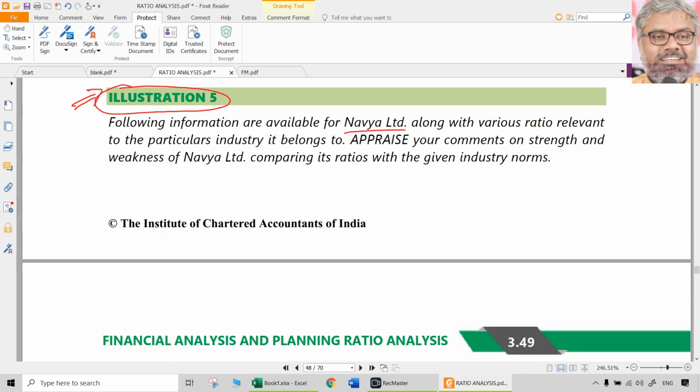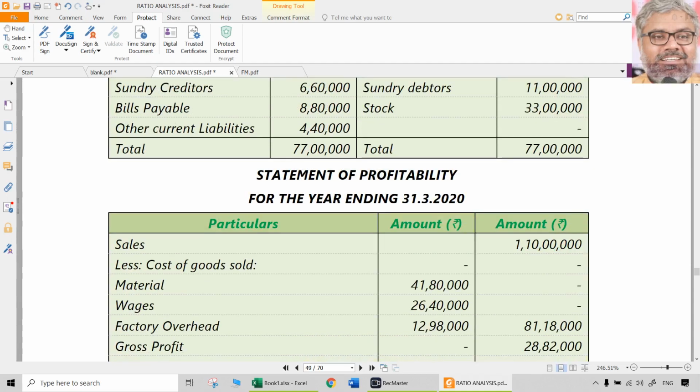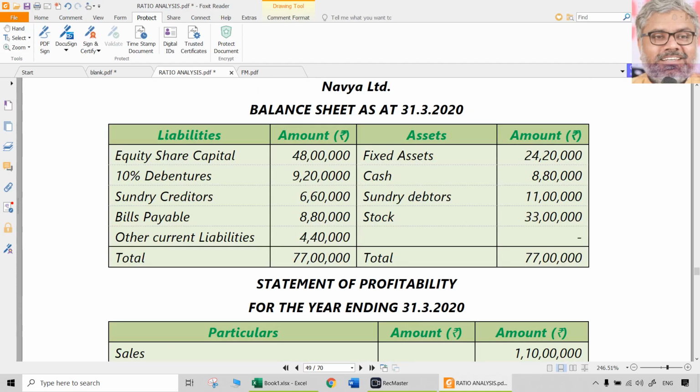Following information is available for Navya Limited along with various ratios relevant to the particular industry it belongs to. Appraise your comments on the strengths and weaknesses of Navya Limited, comparing its ratios with given industry norms. So industry norms are also given, and what is all given for the company Navya Limited?